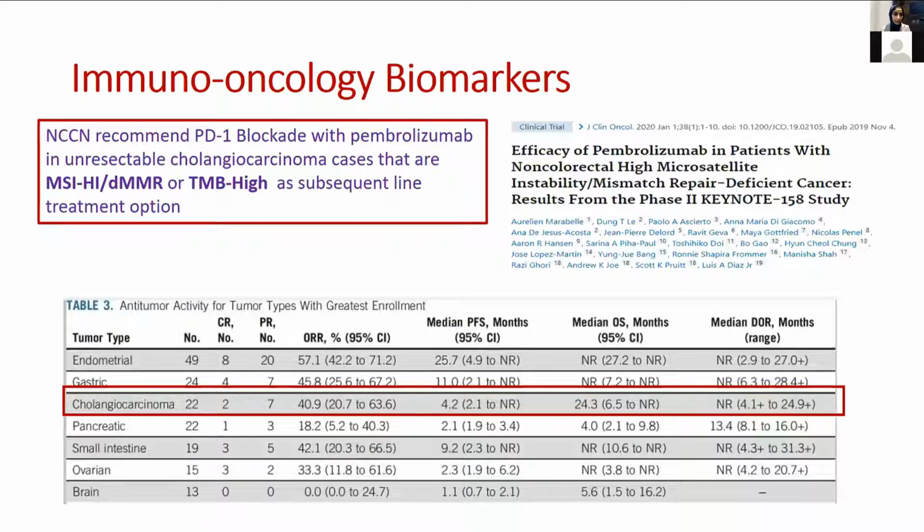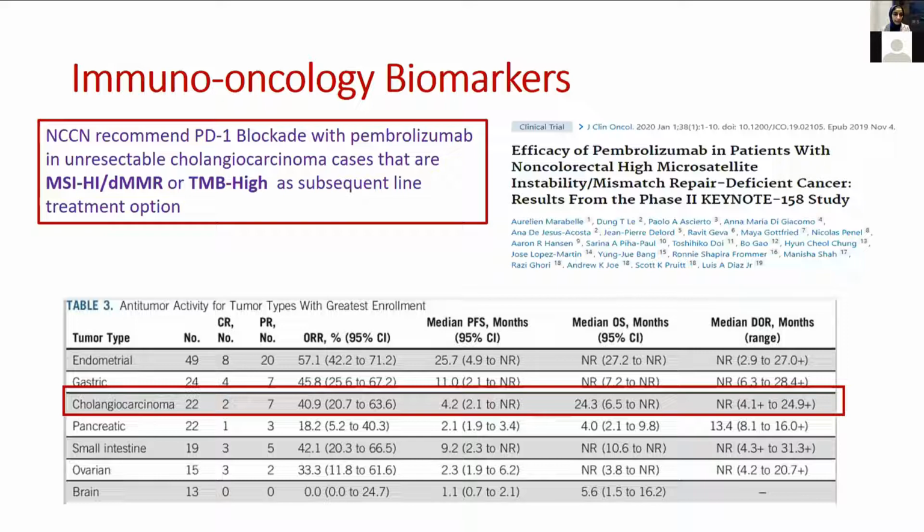As far as immuno-oncology biomarkers, we mentioned the KEYNOTE-158 trial. Based on this trial, the FDA approved pembrolizumab universally for tumors that display high MSI, TMB high, or PD-L1.